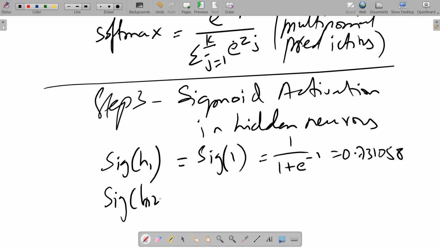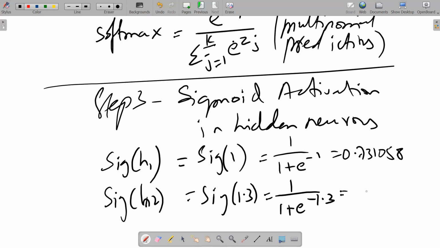Sigmoid of H2, sigmoid of 1.3, 1 by 1 plus e to the power of minus 1.3. We'll get 0.785885.